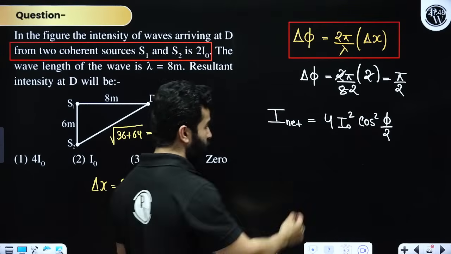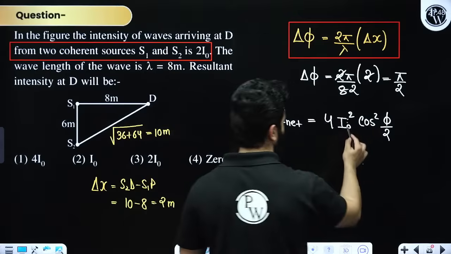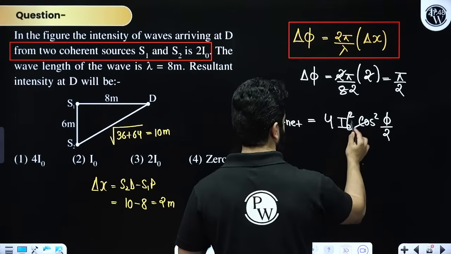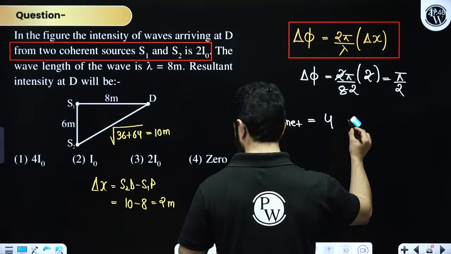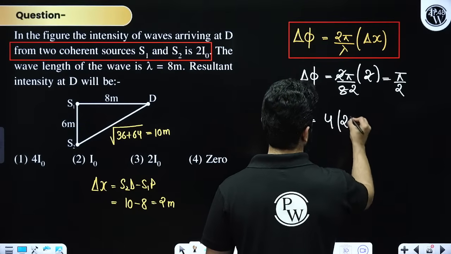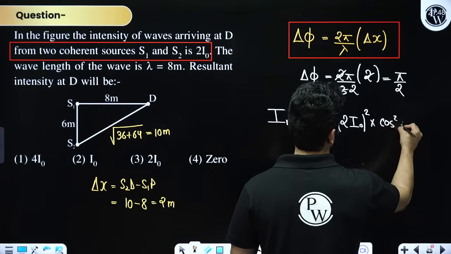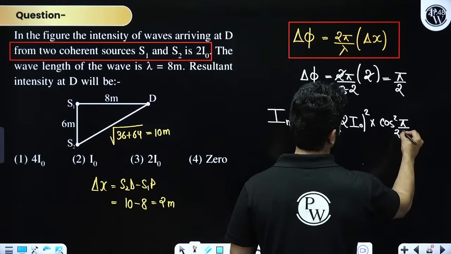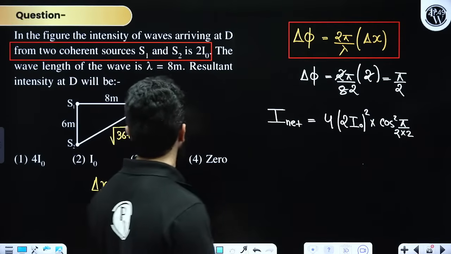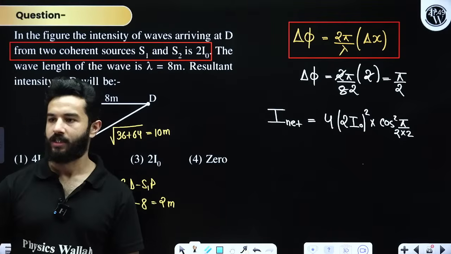So instead of this 4I0, we'll have to change something, and that change is going to be: we are going to write down 4 into 2I0 and cos square pi by 2, multiplied by 2. Please see. Got it? Now find the answer.